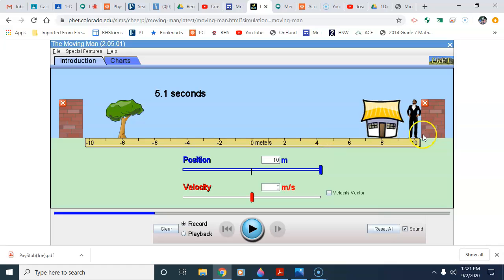He still ended up at 10 meters, and we still have a time. It's different because he used different rates in between. But when I take 10 divided by 5.1, I get close to 2, so we'll just approximate to 2 for the time being. We get close to 2 meters per second, but doing it that way is his average velocity.